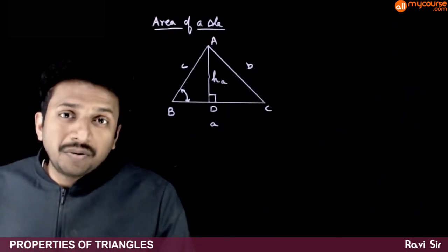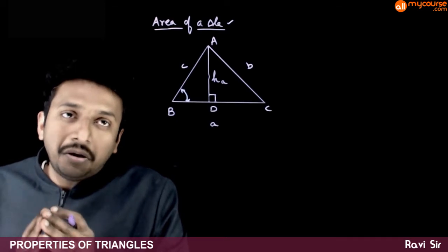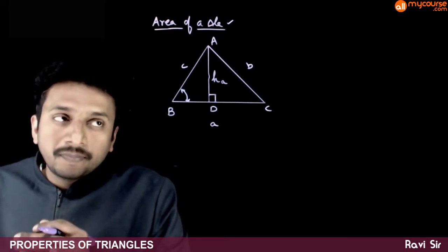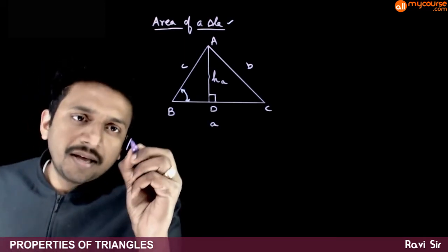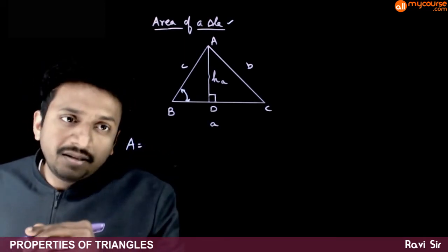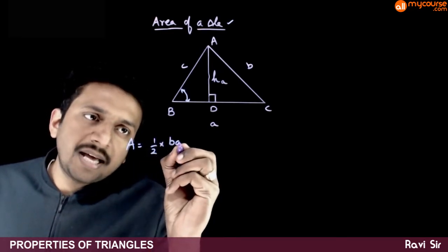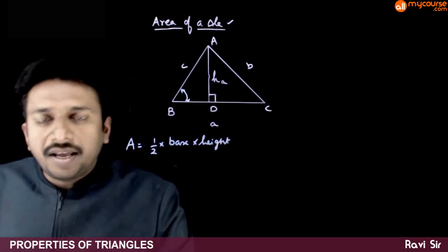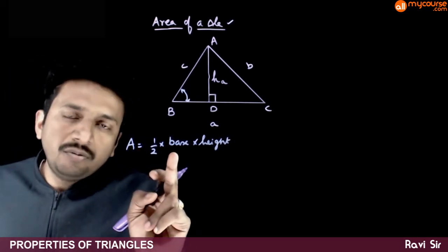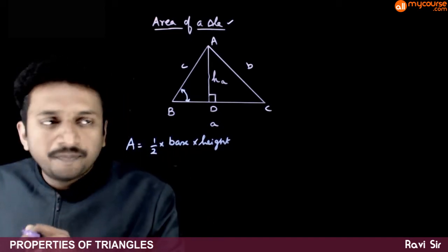In this video, let us look at the various formulas that you have to calculate the area of a general triangle. First, let us start with the very basic formula. Area of triangle is equal to half times base times the corresponding height of the triangle.